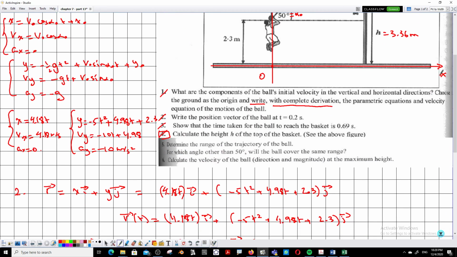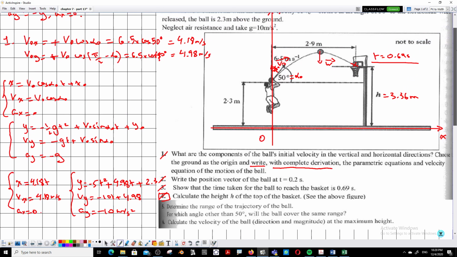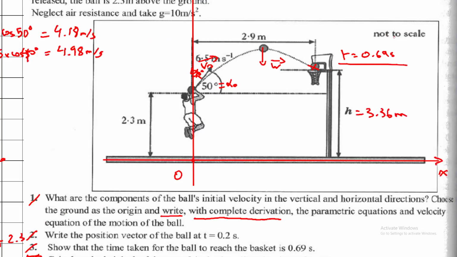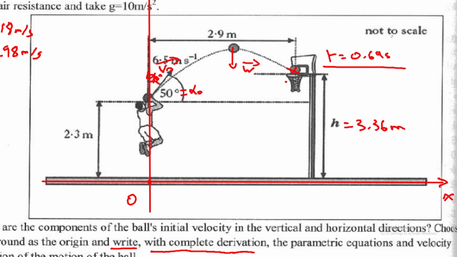Great. Now in part 5 they are telling me to determine the range of the trajectory of the ball. So what is the range? The range is the horizontal distance separating the shooting point from the point at which the ball reaches the horizontal.